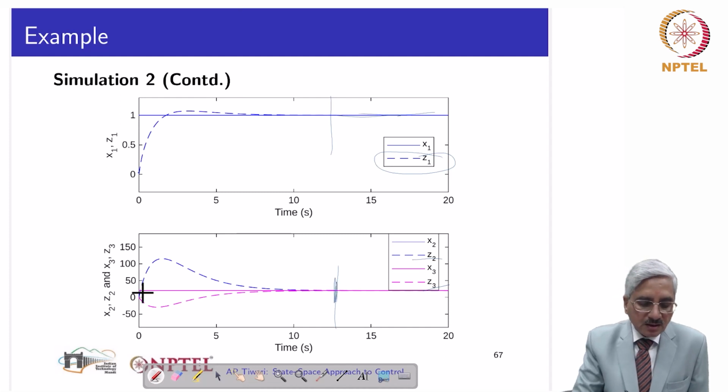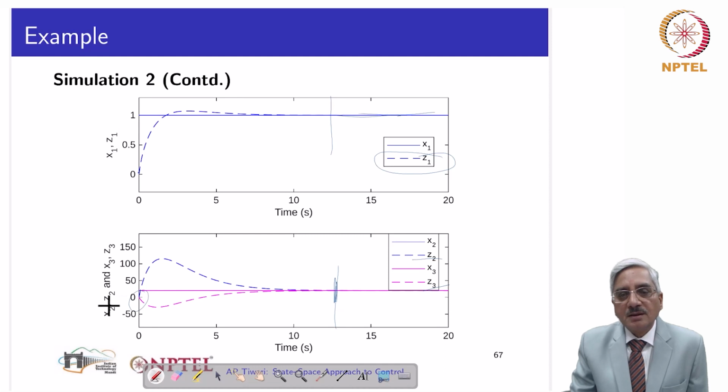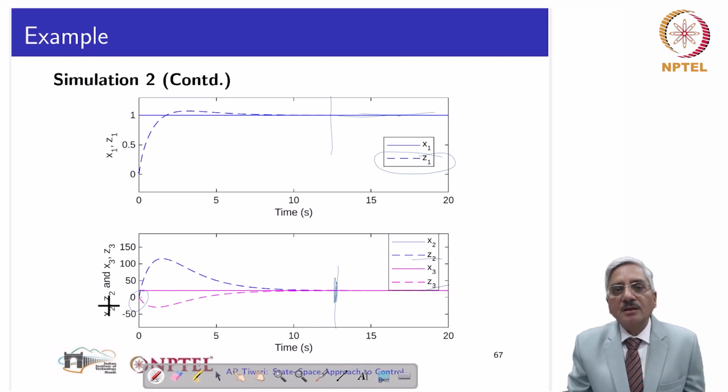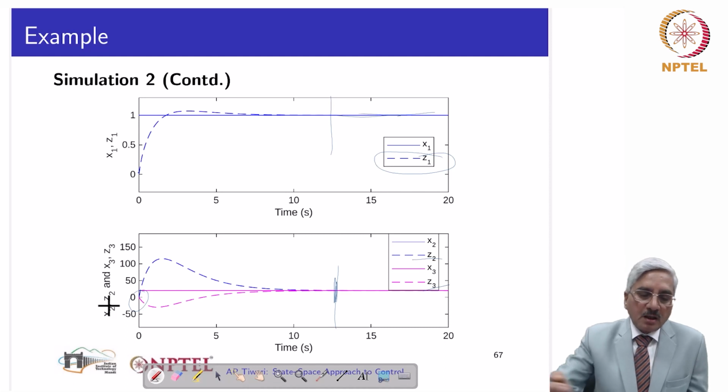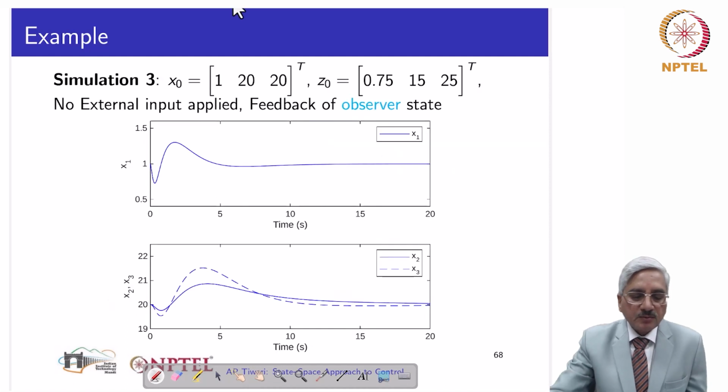So, it's not the initial deviation that matters, it's the observer design that matters. Where the observer poles were put characterizes how much time it will take for the observer state to become asymptotic to the actual state, or in other words, the estimation error to become asymptotically 0.